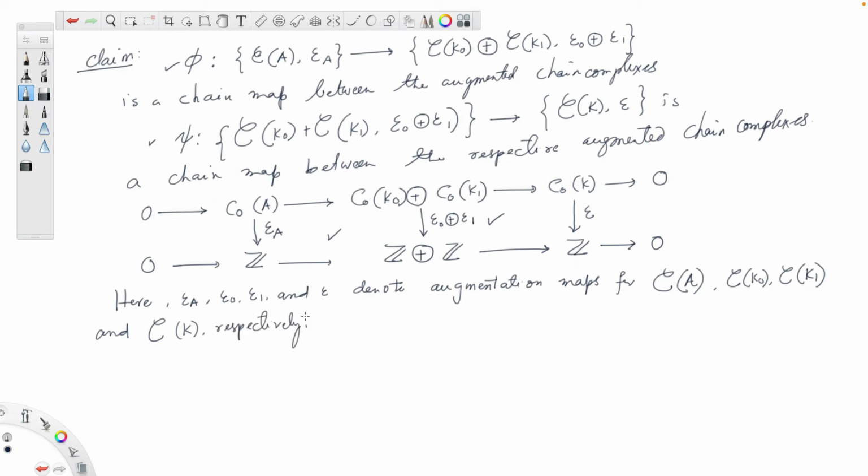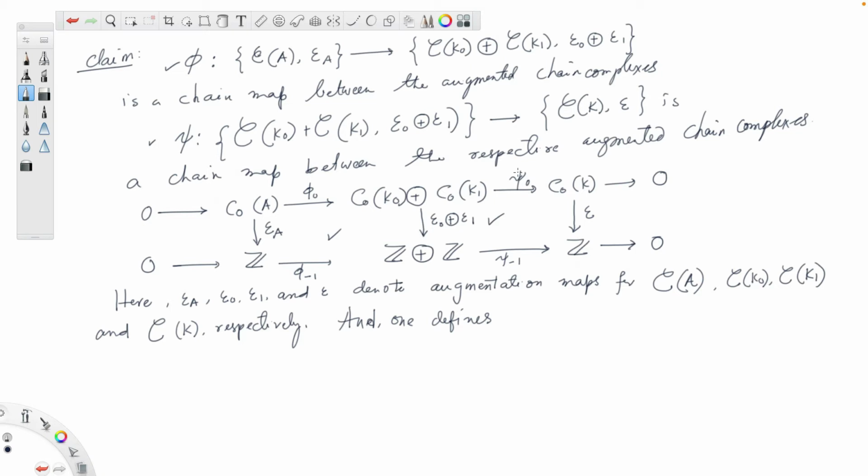Okay, good. And one defines these. So I call this map phi minus 1 and this one psi minus 1. This is phi 0 and this is psi 0.